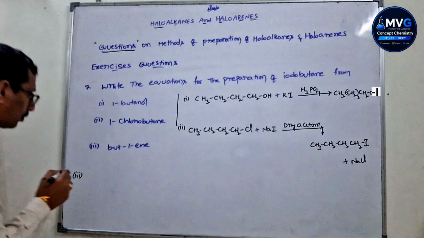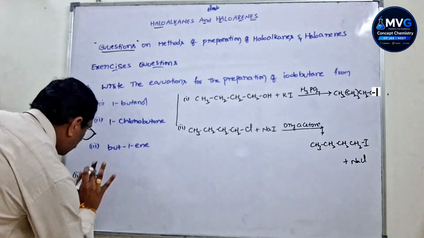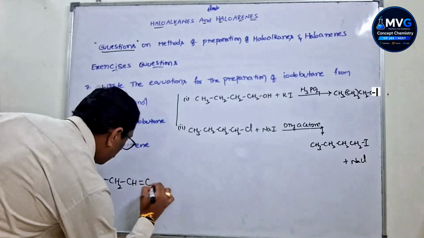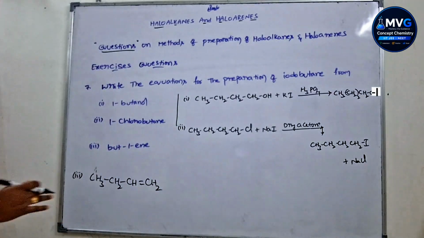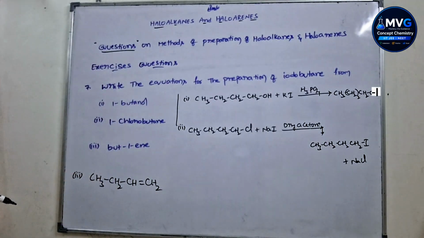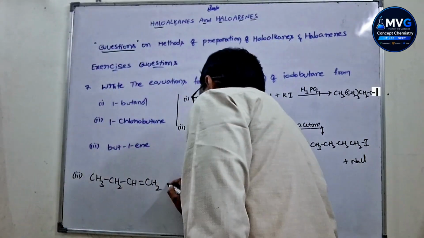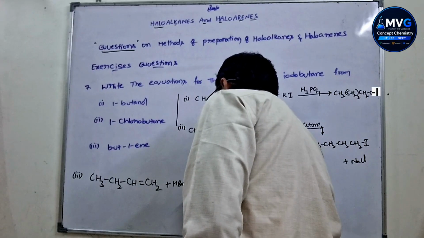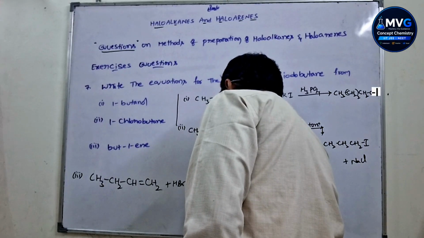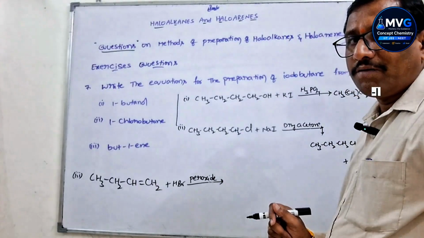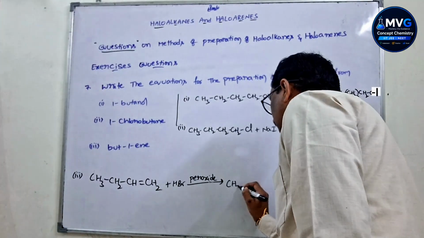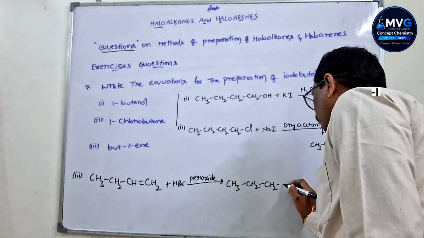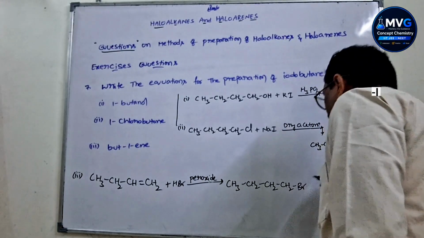Next, third one, students. They given but-1-ene, students. But-1-ene means here CH3, CH2, CH double bond CH2 is there. It is the but-1-ene structure. When it reacts with HBr in the presence of peroxide, anti-Markovnikov rule, then product is CH3, CH2, CH2, CH2Br we are getting, students.